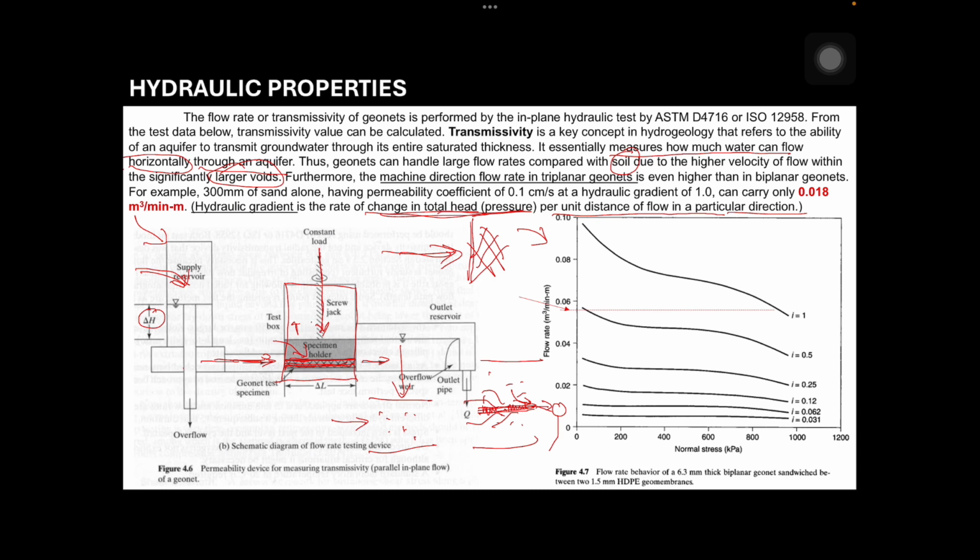So, using geonet, when the soil is compressed, supposedly it is harder for water to flow, but since you provided geonet, you provided drainage, or you provided a void, there is a way, a path for the water to go out and drain. So, that is what is tested in this experiment, this test setup: under load pressure, under normal pressure, how much flow rate the geonet can carry out.